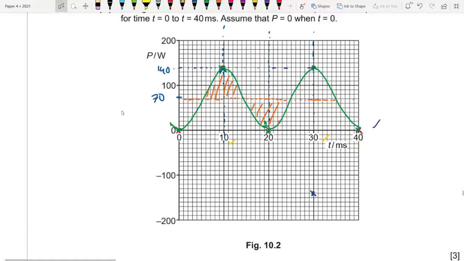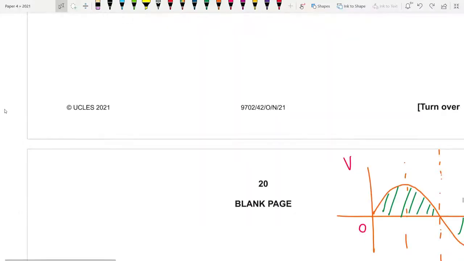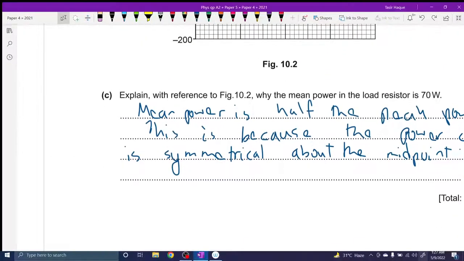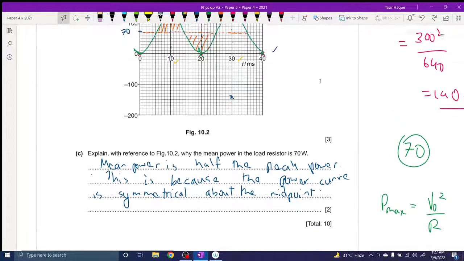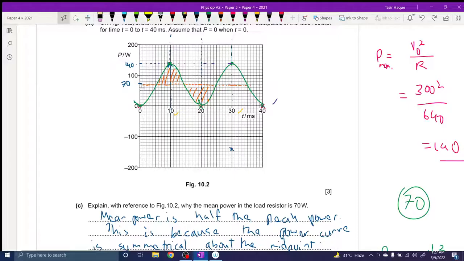Look at this. This is basically a sine graph with a midpoint in between 140 and 0, which is in fact at, wait a bit, so yeah, the midpoint is between 140 and 0, which is at 70.